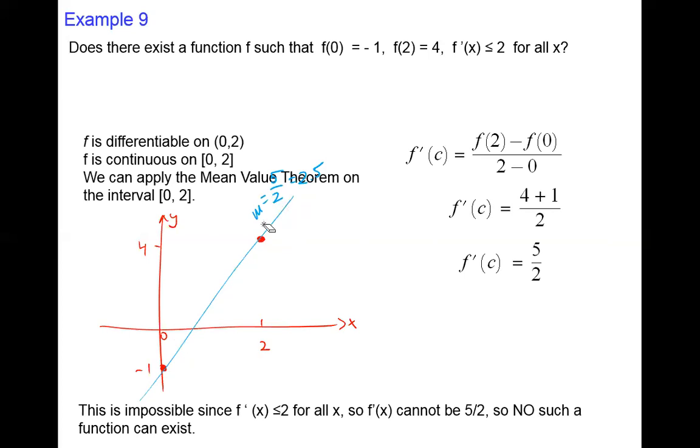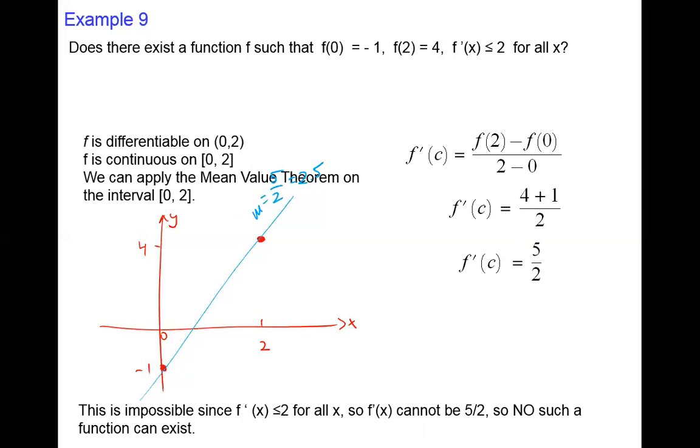We may have a derivative less than 2, but not for all of the x's, because at one point we got a slope of 5/2. We can even get bigger.